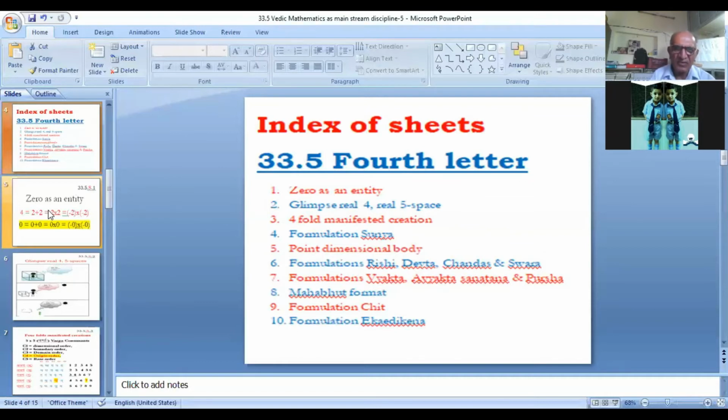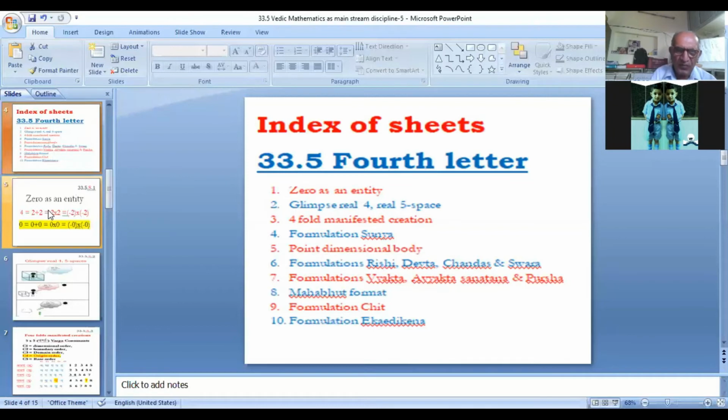The seventh phase of initiation of the Vedic mathematical domain, in terms of its fourth letter, is another set of quadruple formulations: Vyakta, Avyakta, Sanatana, and Purusha.